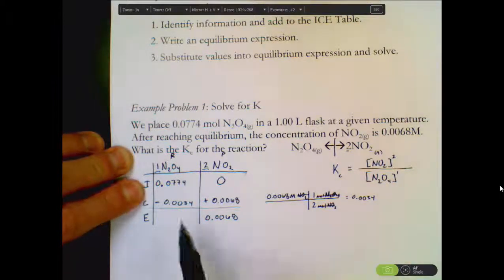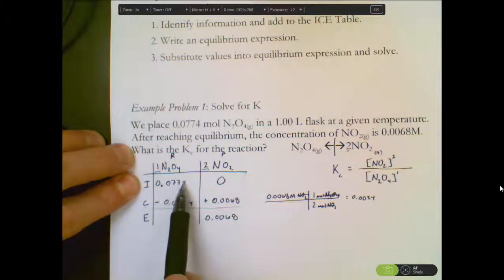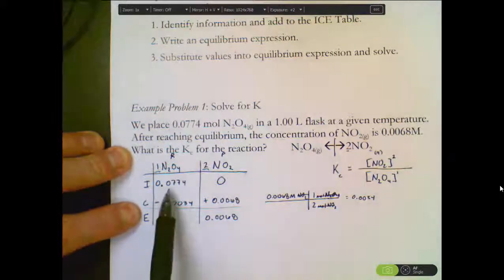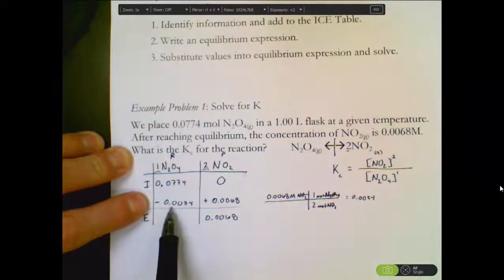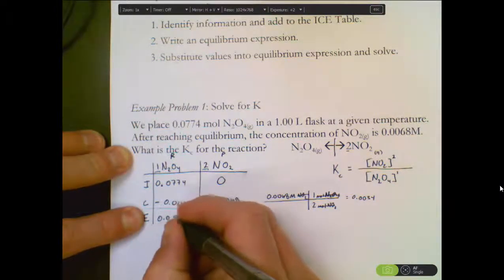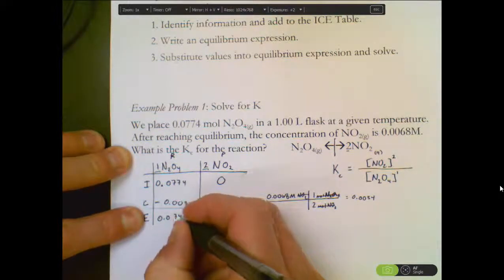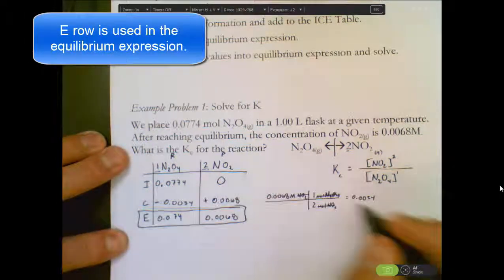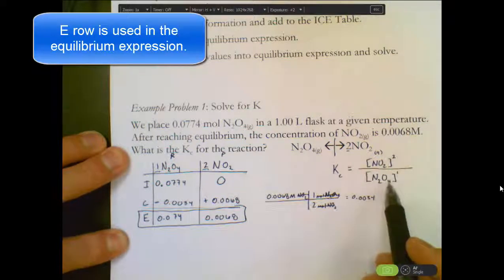Now that I know what my change is, I can take my initial value with my change to get my equilibrium value. So 0.0774 minus 0.0034 will be 0.074. These equilibrium values are what can then go into the equilibrium expression.